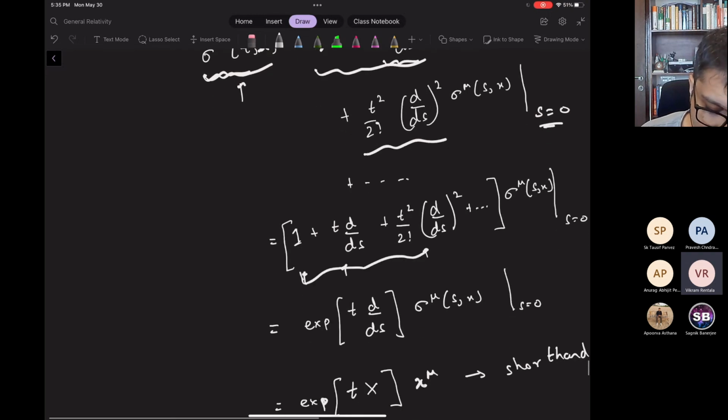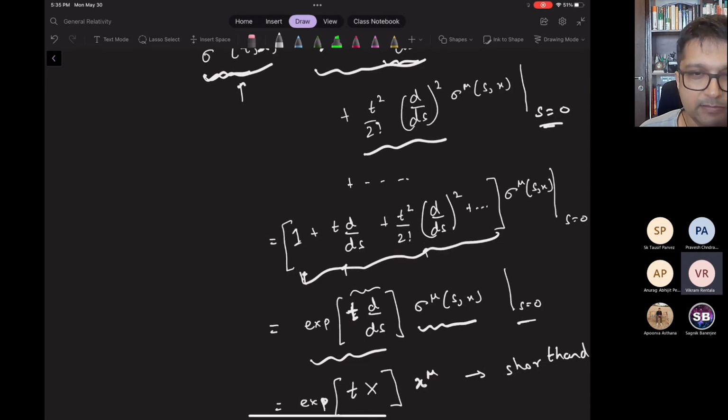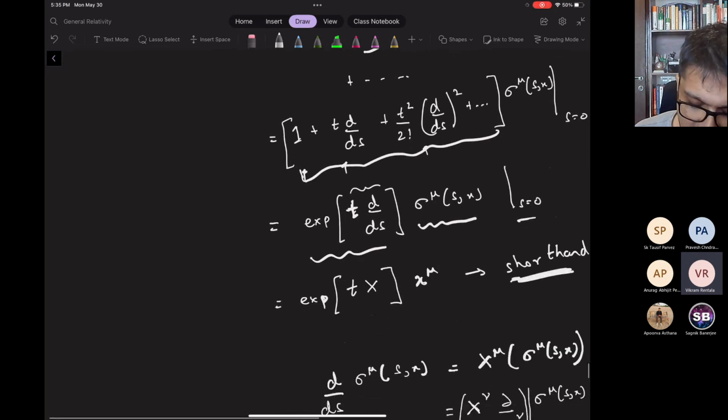And this entire thing can be written as an exponential of t d by ds acting on sigma mu s x evaluated at s equal to 0. So I've exponentiated this operation of taking t times d by ds of sigma mu s x. And in shorthand, this is what we're writing as the exponential. After I differentiate, I set s equal to 0.